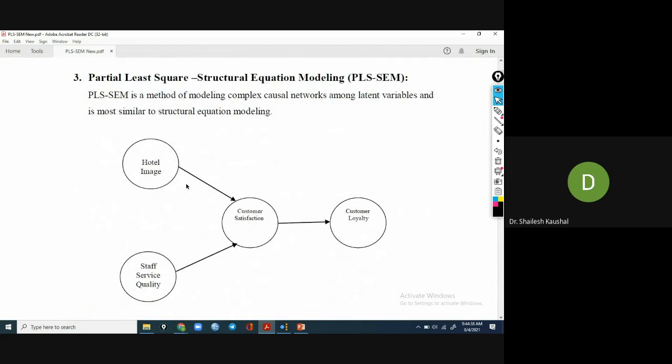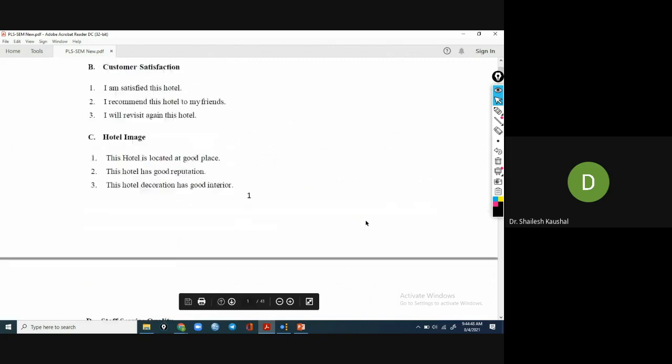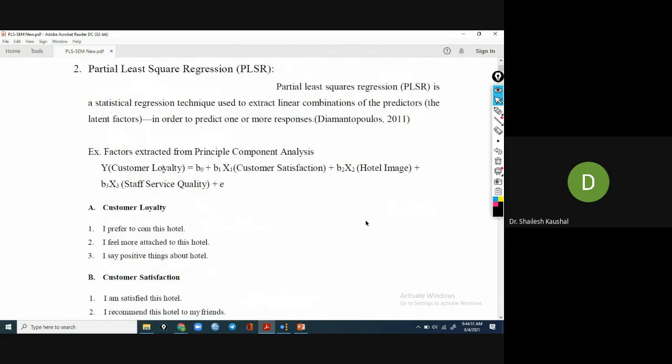So we can present our data like this. These four variables: customer loyalty is the dependent variable, or I should say the endogenous construct, and customer satisfaction, hotel image, and staff service quality; the customer satisfaction is also endogenous, and the other two are exogenous constructs.